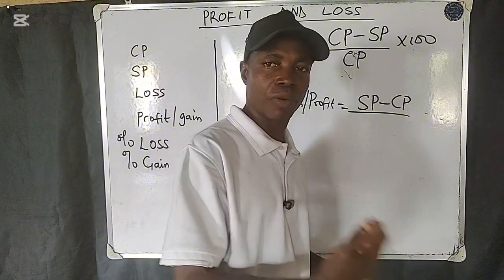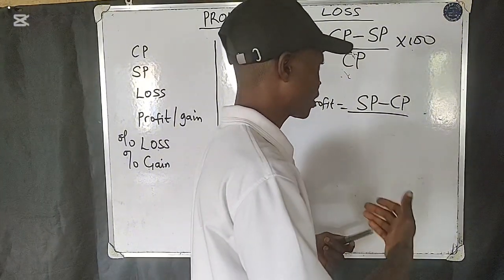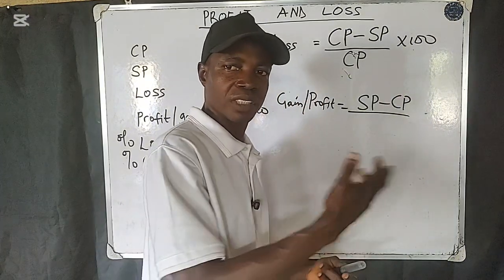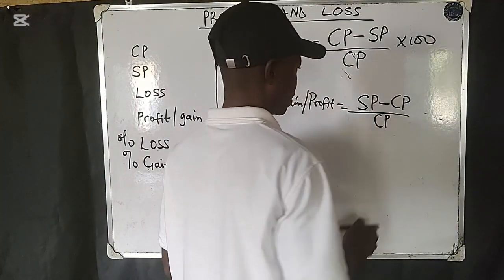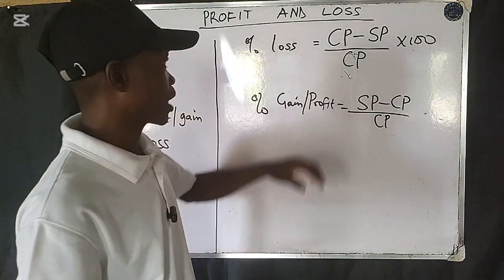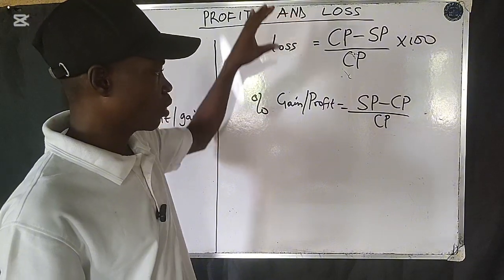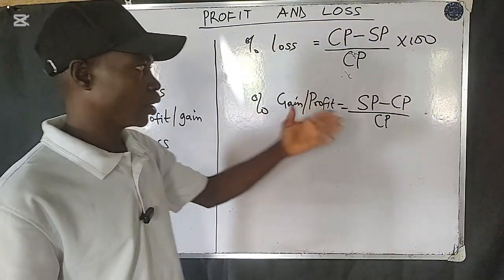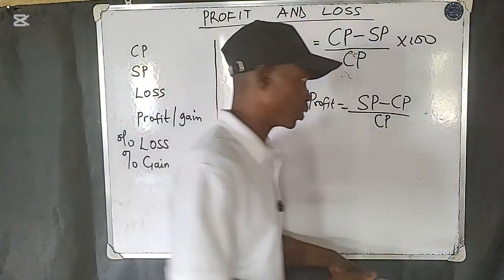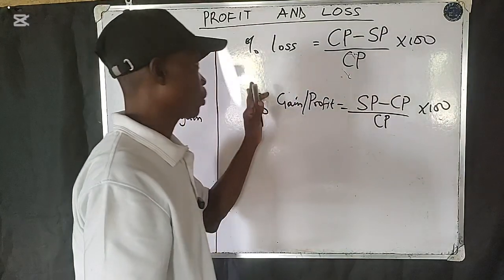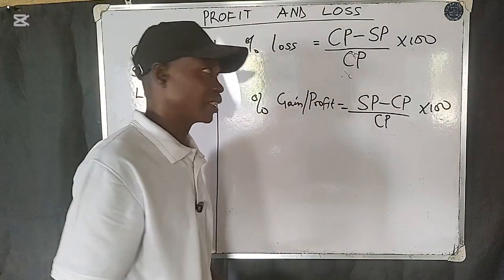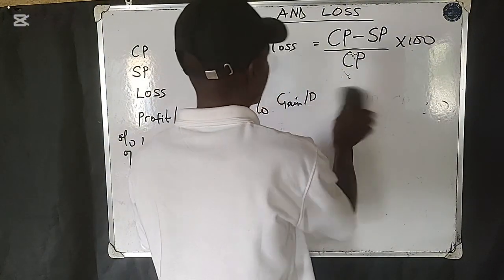So because the cost price comes before the selling price, the cost price will always be your denominator. Doesn't matter whether you are calculating percentage loss or percentage gain, the cost price will always be your denominator, times 100. These two formulas are very important for calculating percentage loss and percentage gain.